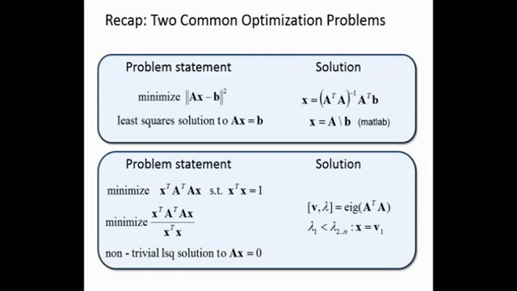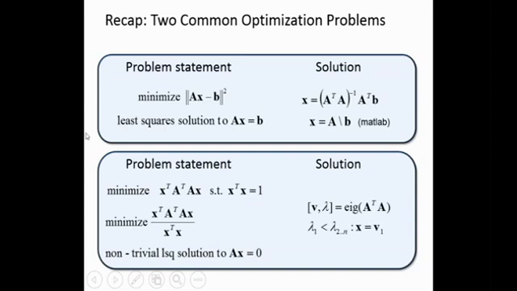So I want to minimize this quadratic expression, but I want my solution to have a length of 1. Or equivalently, you can say I want to minimize x transpose A transpose A x over x transpose x. That's equivalent because if this is equal to 1, then this is just dividing by 1. But it leads to a different way of deriving the solution.